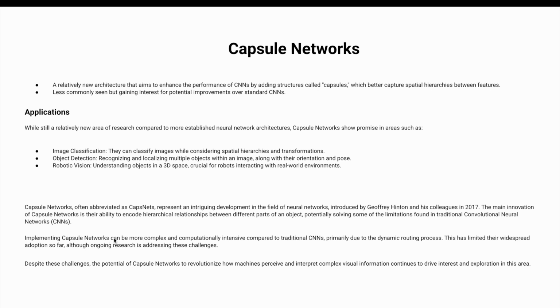Implementing capsule networks can be more complex and computationally intensive compared to traditional convolutional neural networks, primarily due to the dynamic routing process. This has limited their widespread adoption so far, although ongoing research is addressing these challenges.